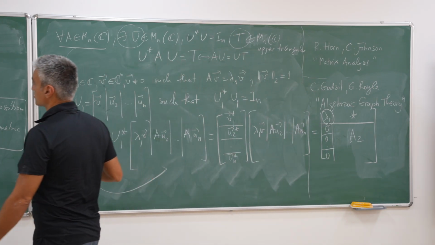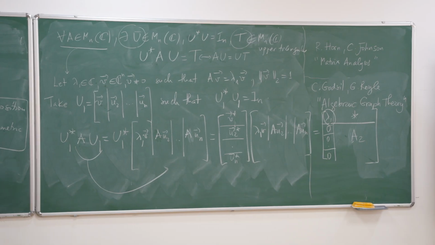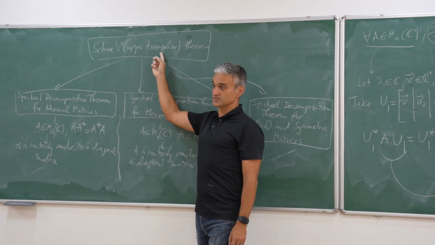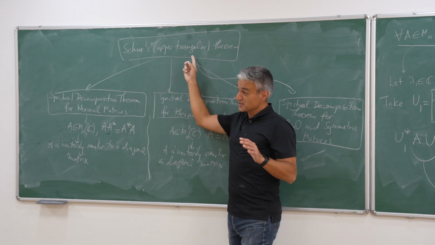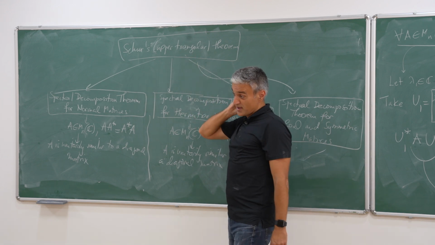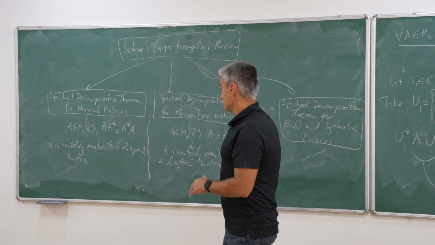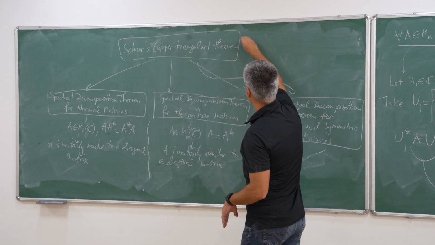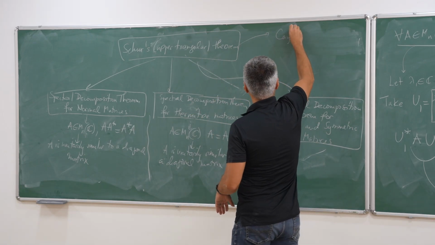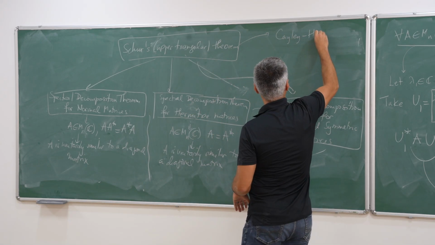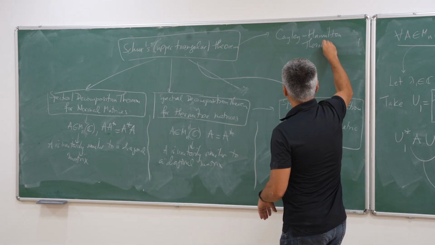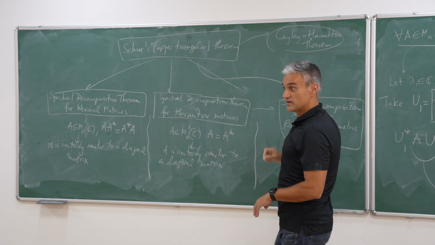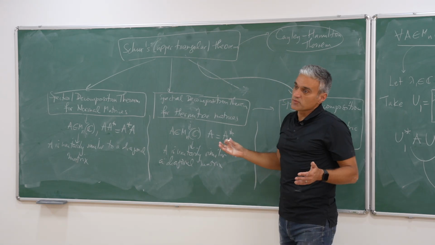Okay. Now, one more quick thing. In the book by Horn and Johnson, they don't have this diagram, but they have a bunch of consequences of this. Like I said, this is a really, really useful theorem, and it has many consequences, not just this. It has a consequence that sometimes when you're a student, you may struggle to remember: the Cayley-Hamilton theorem.